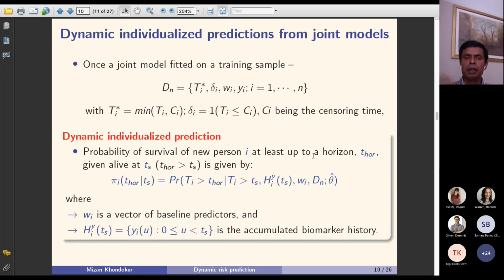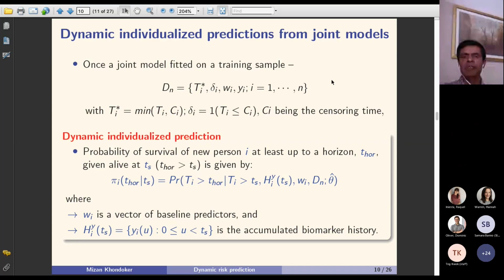Once a joint model has been fitted to the training data, I just represent the data using D_n, where n is the sample size. This is the training data: survival time, indicator of the event, w_i is a vector of baseline covariates, and y_i are the longitudinal biomarkers. So this is my training set.